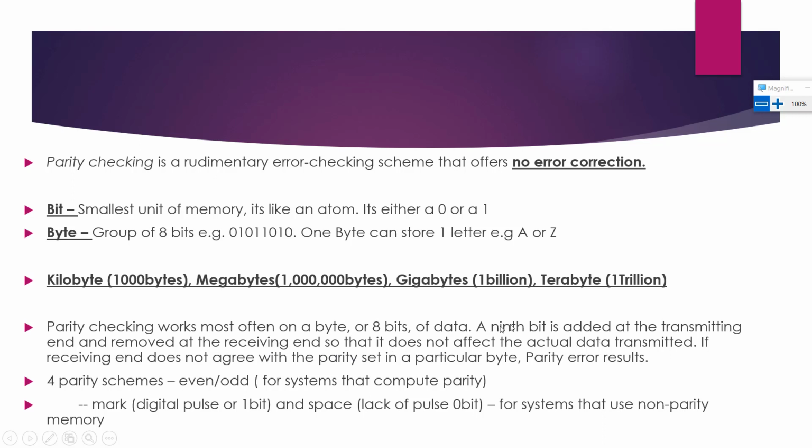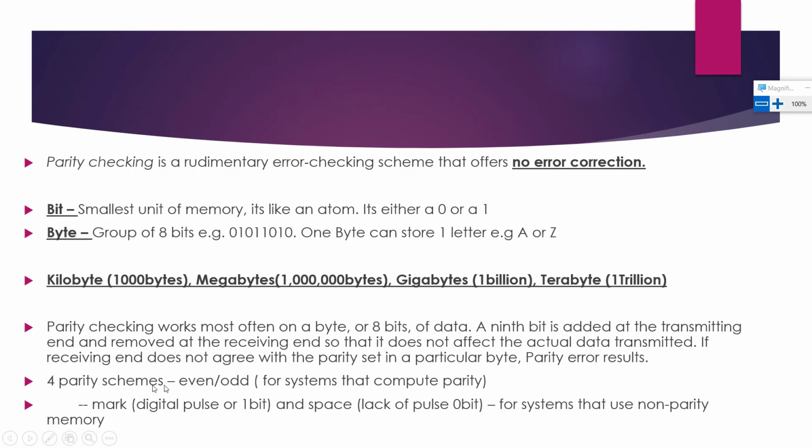So the main thing is that a ninth bit is added there for the error checking. If the receiving end does not agree with the parity set in a particular byte, a parity error results. There are other ways an error can happen too, like if the memory is not performing, or maybe the application is corrupt.